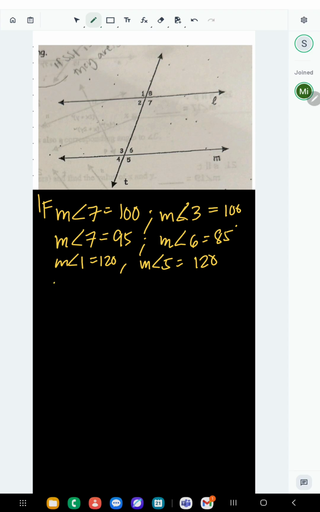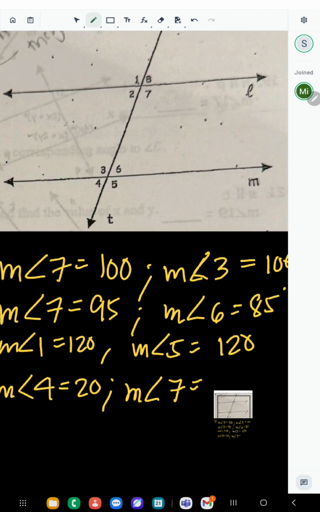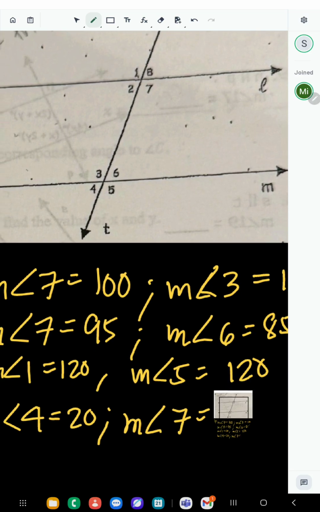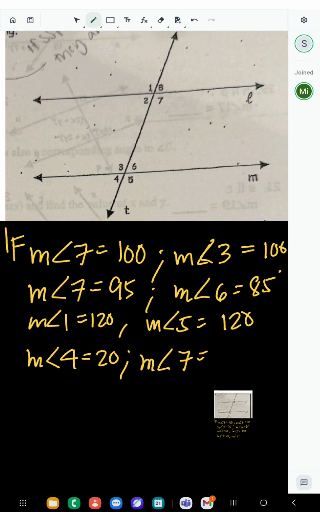Then, if the measure of angle 4 is equal to 20, what is the measure of angle 7? What's the relationship between angle 4 and angle 7?